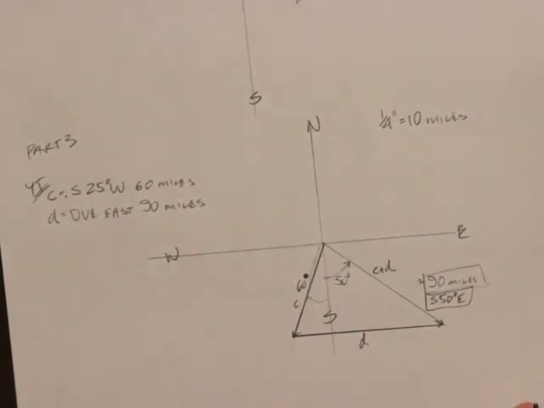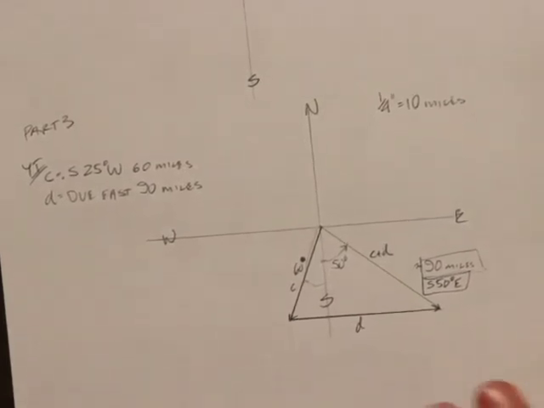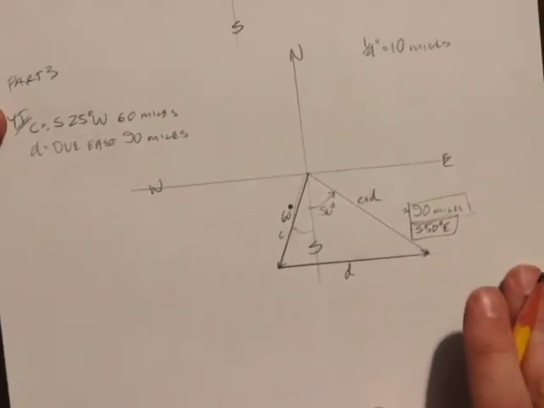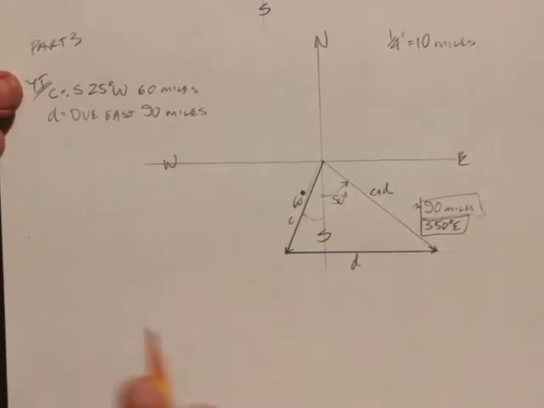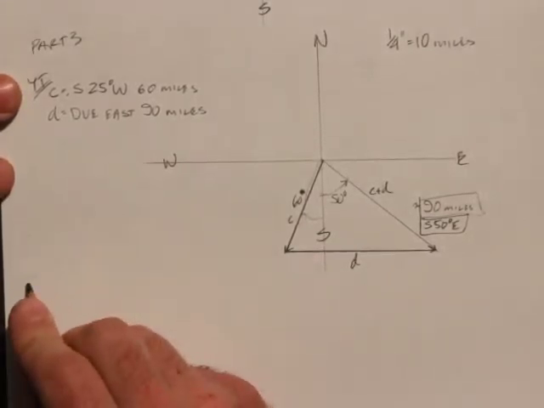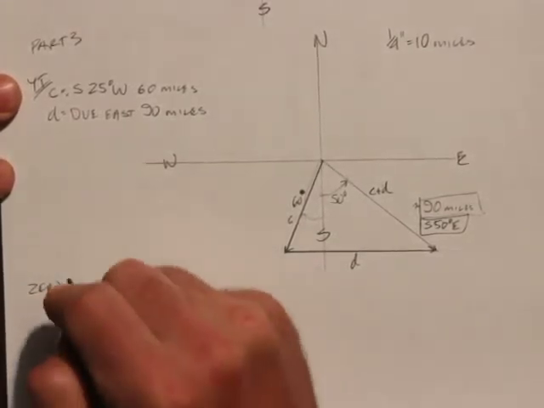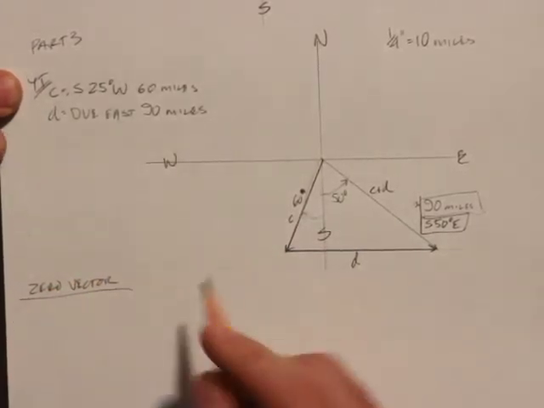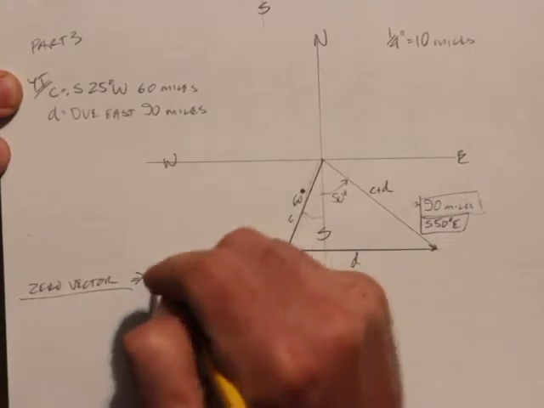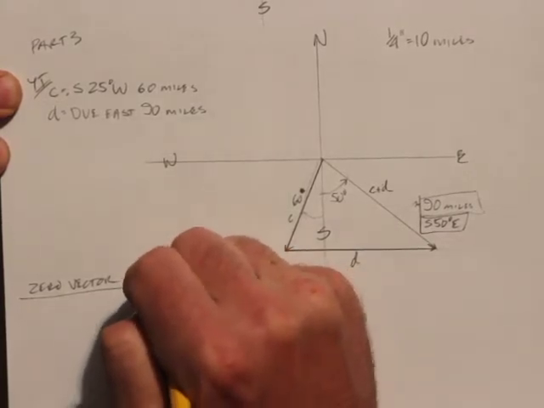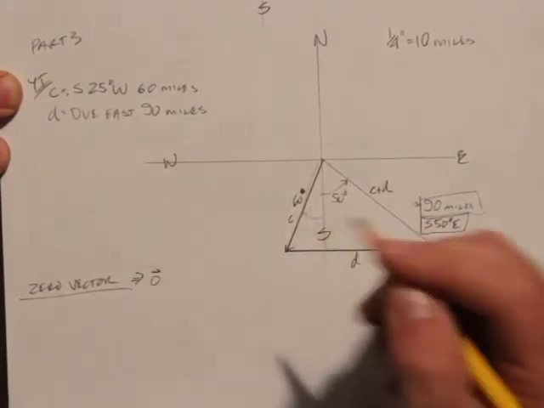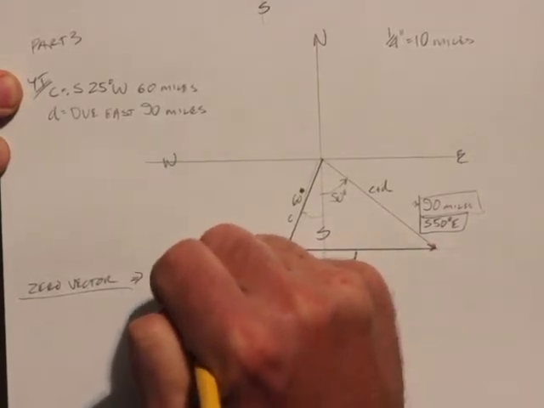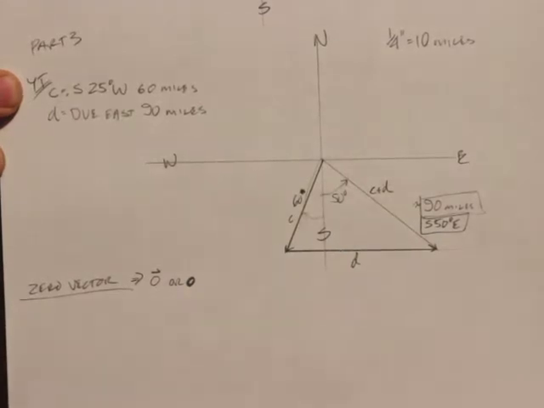Now let's go ahead and look at this next concept very briefly, and this is the zero vector. What this looks like is a 0 with a little vector sign on top of it, or just a bold 0.